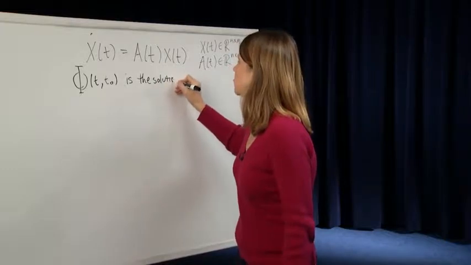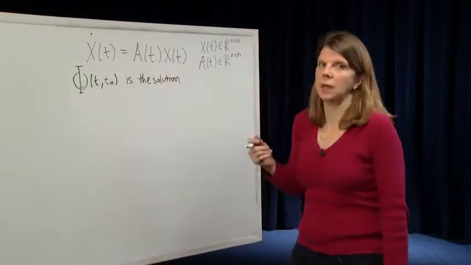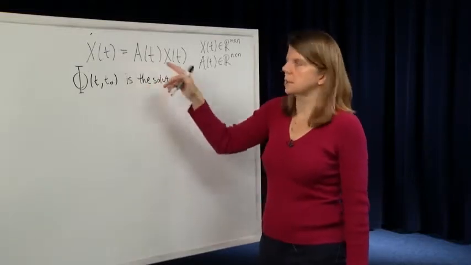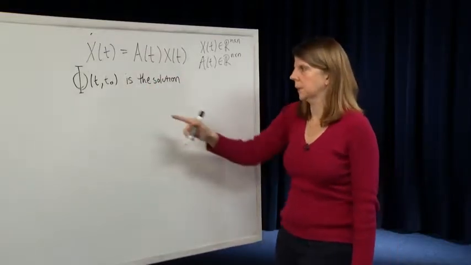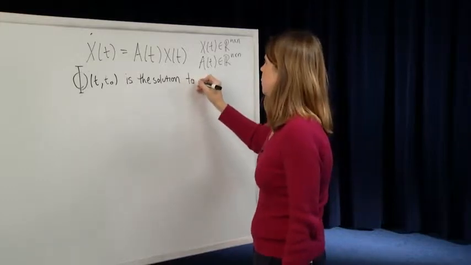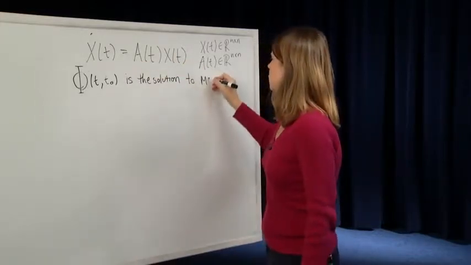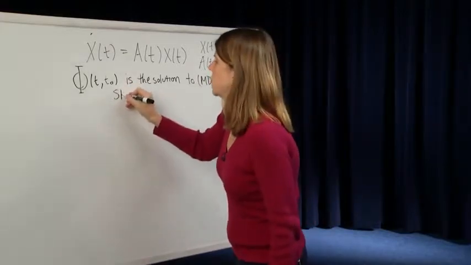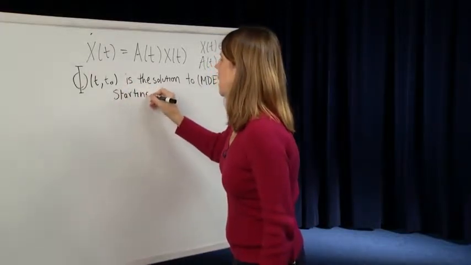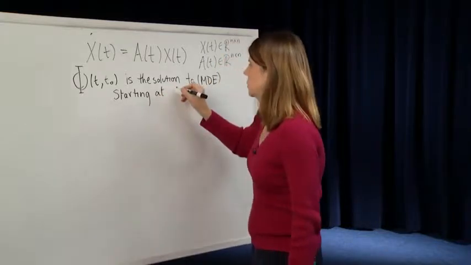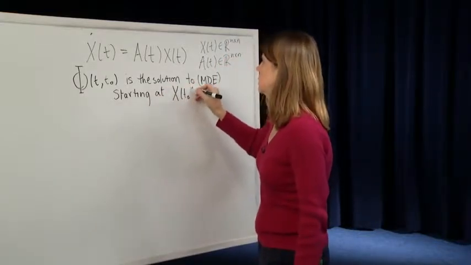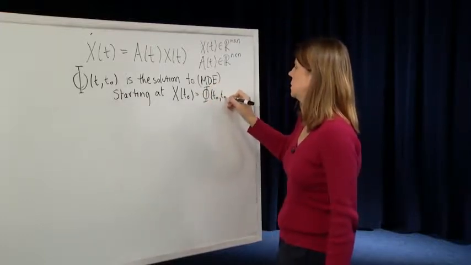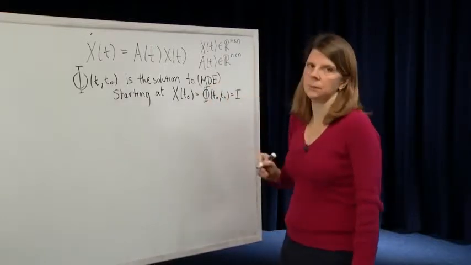So it's defined to be the solution. There's only one solution to that differential equation for any given initial condition, because it's Lipschitz continuous in the state and piecewise continuous in time. So it's the solution to this following matrix differential equation, MDE for the matrix differential equation, starting at an initial condition, x at t0, which is defined to be phi of t0 comma t0, which is the identity.